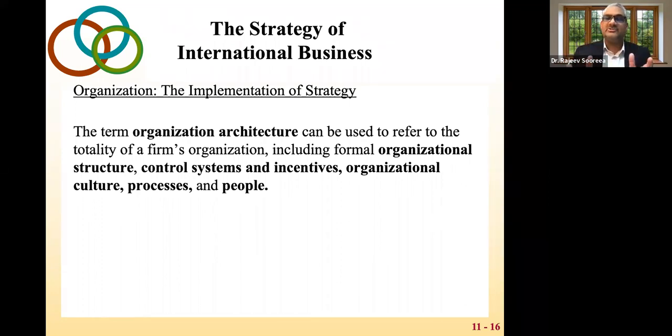We talked about the architecture of a building, for example, but here for the firm, what is the architectural design of your firm itself? That includes organizational structure, control systems, incentives, organization culture, processes, and people. So these are the different pieces that make up what we call an organization architecture. And we'll explain each of these terms in a minute.